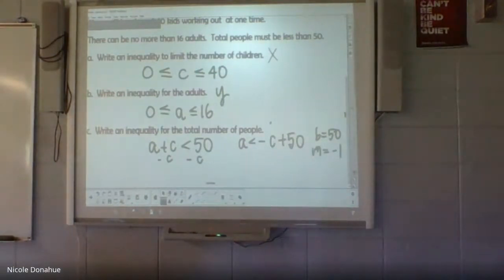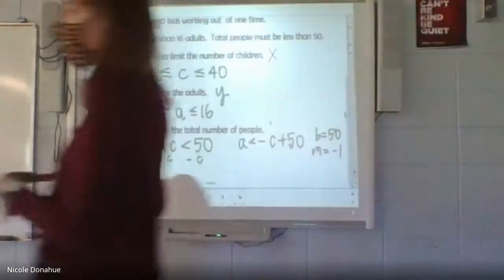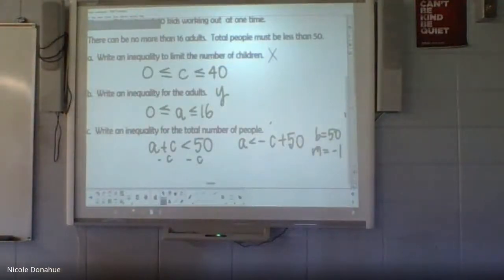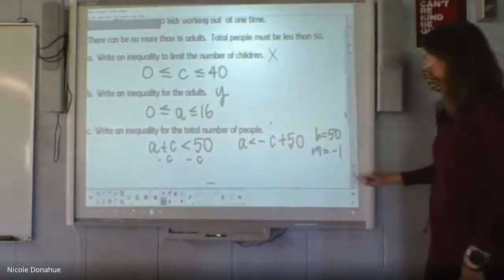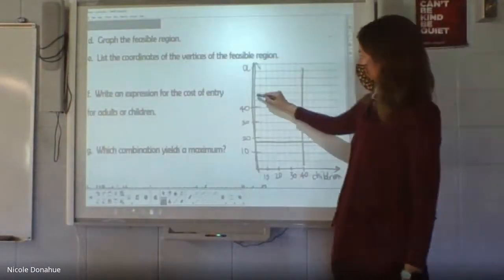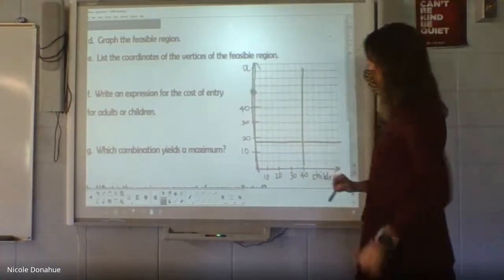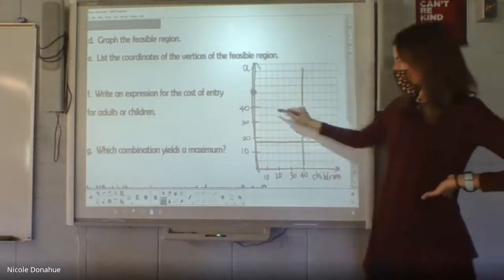So I have to draw that in, that other line, that makes sure we keep the whole value under 50, to make sure we're not over our 50 limit of people. So for our graph, I'm going to go up to 50 on the y-axis, or the a-axis, and then I'm just going to go down 1 over 1.